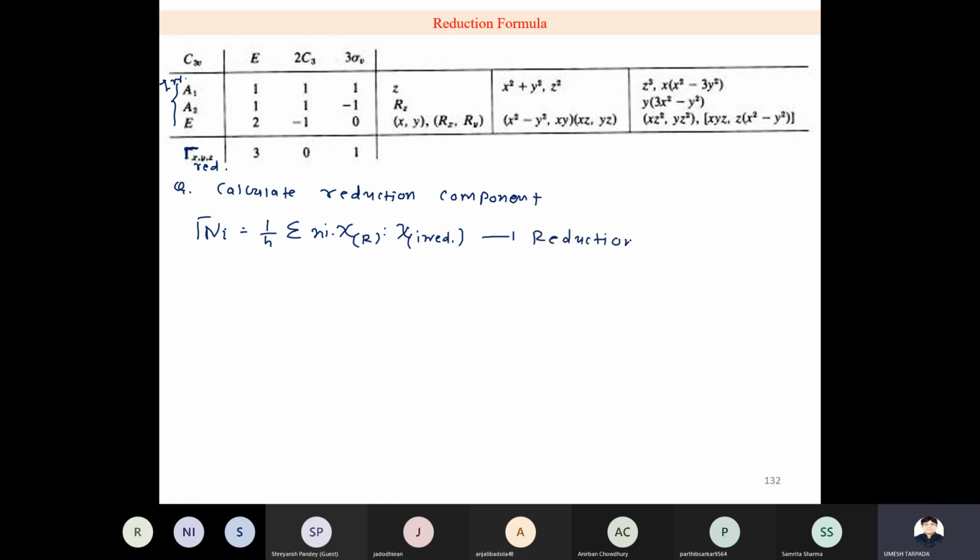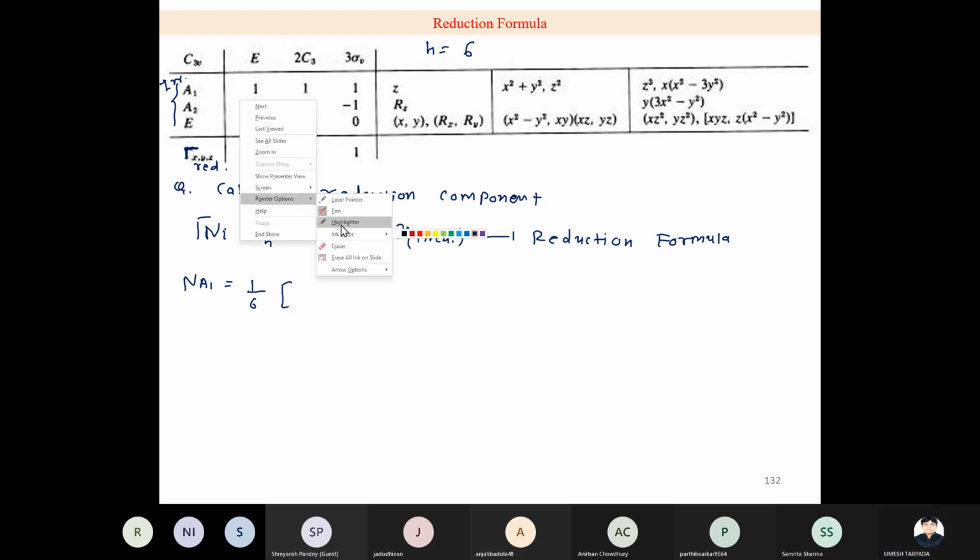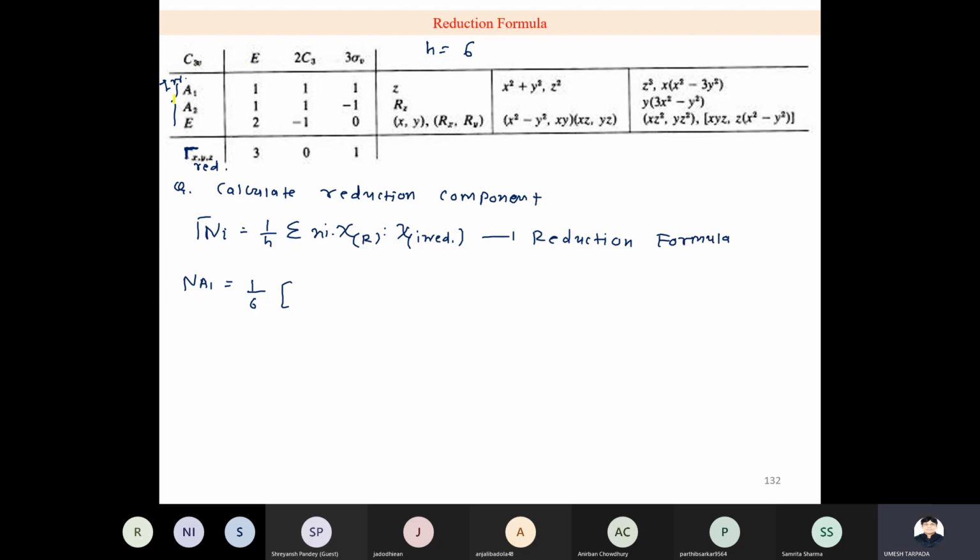So by using this reduction formula, you can calculate the reducible component, that is the number of times A1. How to get the number of times A1? Simply first take the order of the group, that is h is equal to 6, so 1 upon 6. Now you take these three things: the reducible representation, the irreducible representation, and its coefficient.